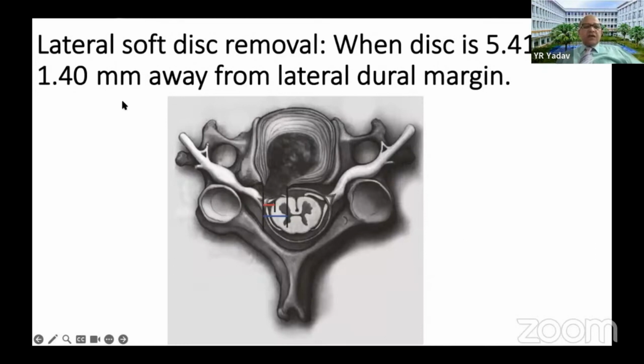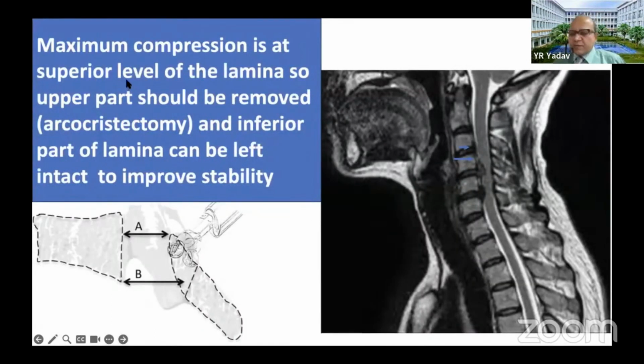Now there is another technique which has been described, but unfortunately it has not been used so popularly. One of the authors has described it, and I am impressed. This author has suggested that in the cervical spine, this is the kind of arrangement.